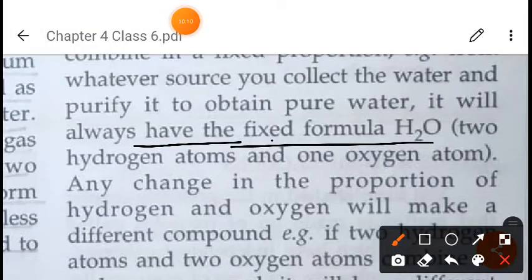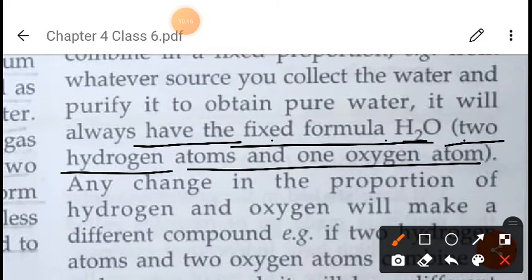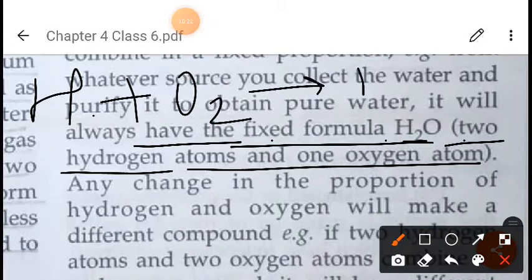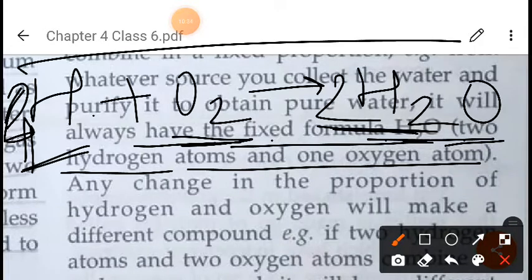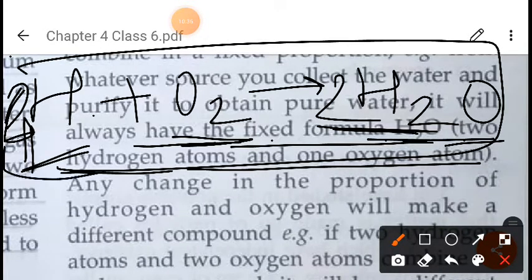So what we can say is, two hydrogen atoms and one oxygen atom combine to form water. 2H2 plus O2 will give 2H2O, right? So this is the basic formula for water, right?